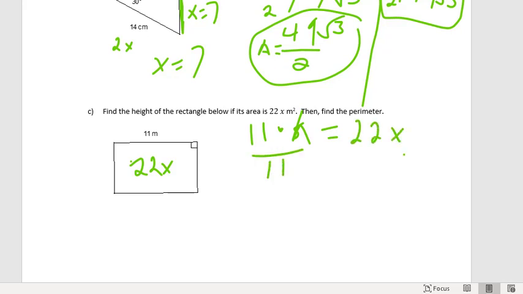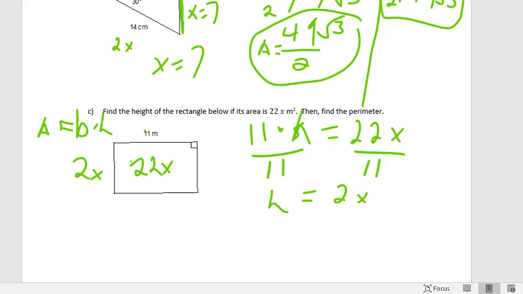Divide both sides by 11, and the height equals 2x. Okay, so that comes from area equals base times height, and since we know our base is 11 and our area is 22x.